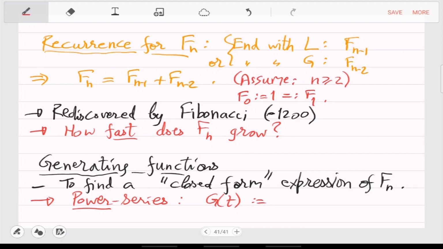What it does is just sum up these values all the way to infinity. So it's like 1 plus t squared plus t cubed, but instead of 1 everywhere, we have put Fn for t raised to n. Fn is the coefficient of t raised to n, for all n.